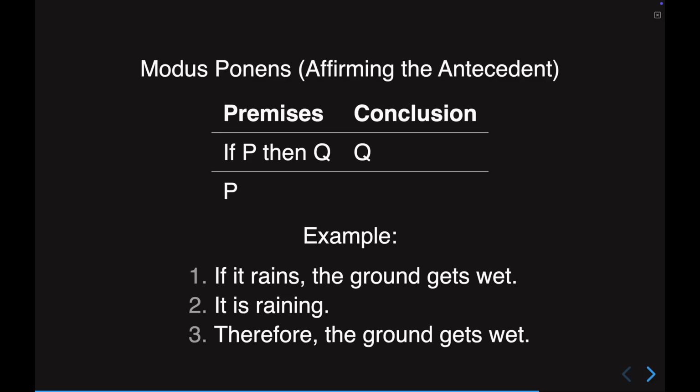You have as premises an implication from P to Q, as well as P, and then we can conclude Q from the logical implication. For example, if it rains, the ground gets wet. It is raining, therefore the ground gets wet.